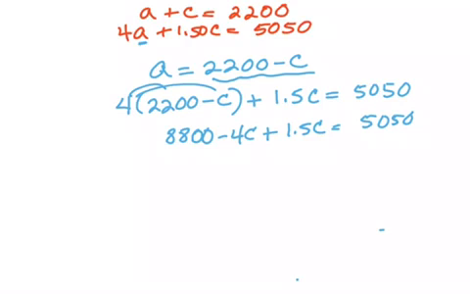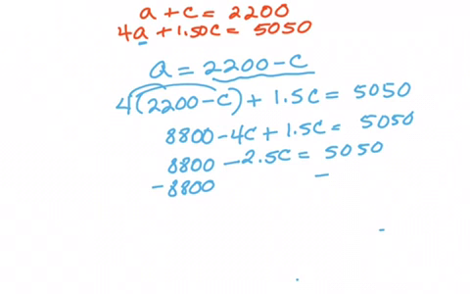And then I'm going 8,800 minus 2.5C is going to equal 5,050. Then I go minus 8,800 on both sides. You could have finished this up yourselves, guys, but I'll just do it real quick. I want this in your notes, and I want you to copy down every single thing. That goes bye-bye. Negative 2.5C equals negative 3,750.